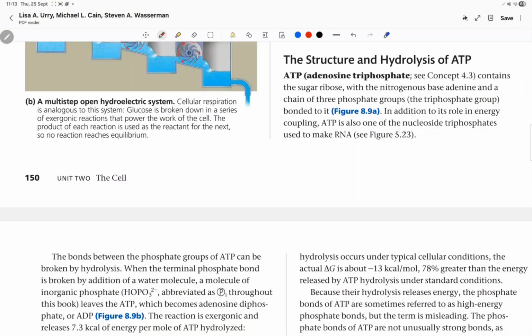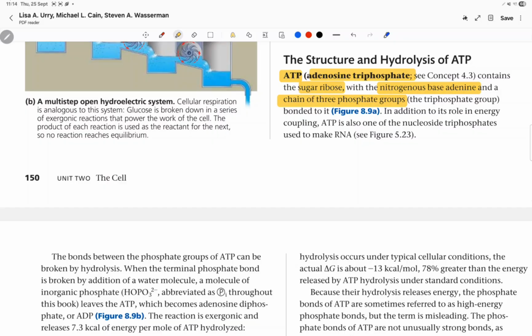ATP is going to be of great focus in this chapter because of the whole point of it storing energy. So what's ATP, or adenosine triphosphate, exactly made of? It's made of a sugar called the ribose sugar, the same sugar that we saw before in RNA. It's made of a nitrogenous base called adenine, which is found in both DNA and RNA, along with 3 phosphate groups, hence the name triphosphate.